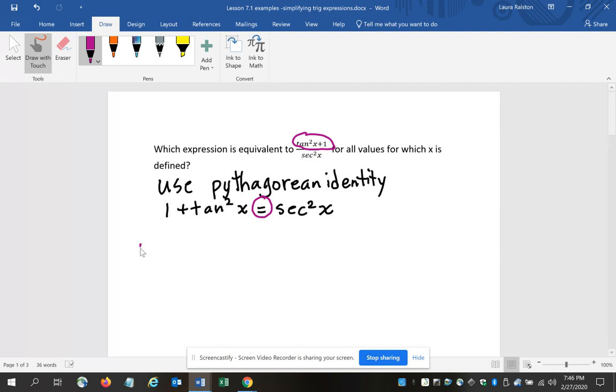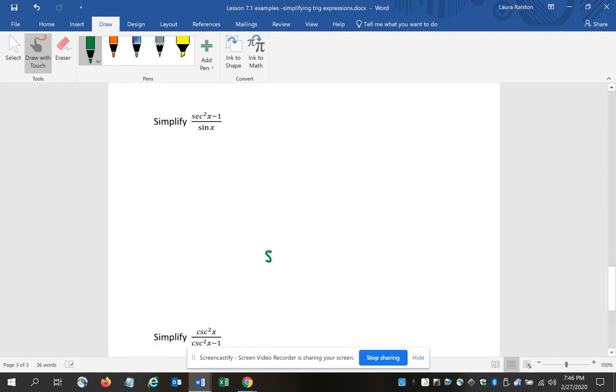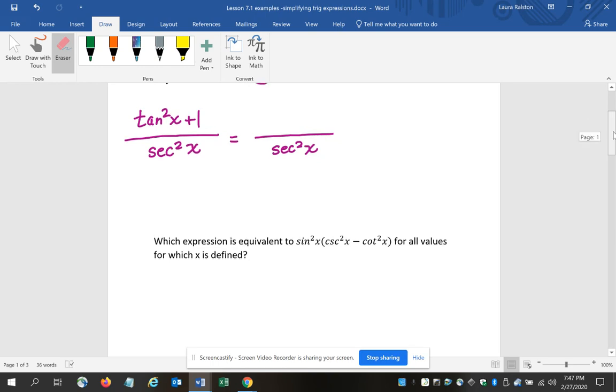So if I rewrite this down here, tangent squared x plus 1 over secant squared x becomes, I'm not going to mess with the secant squared x in the denominator, but I'm going to replace tangent squared x plus 1 with secant squared x.